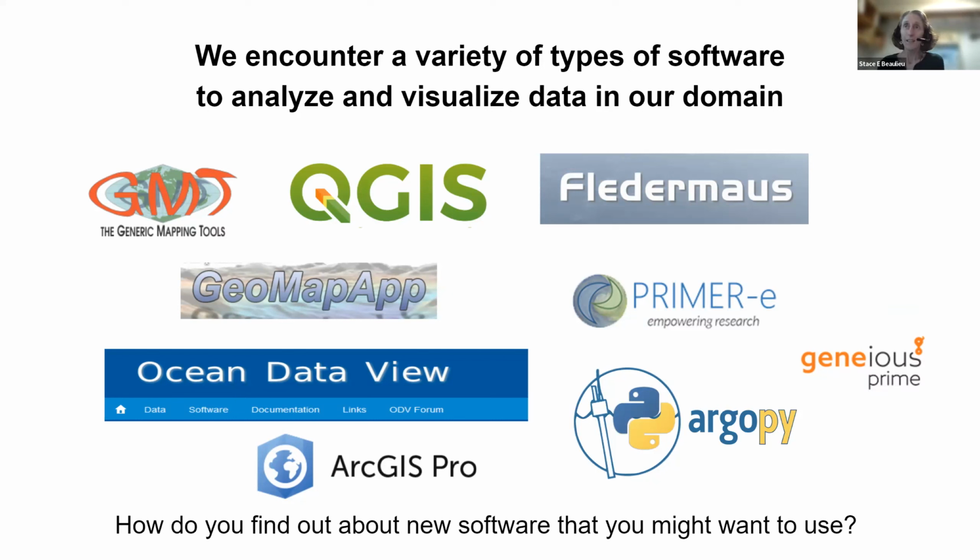And in this case, I'm talking not only about process, but also analyzing and visualizing data. And how do you find out about new software that you might want to use? You might read it in a paper, a journal article, or you can learn about it from your peers, which is the goal of our breakout rooms today.